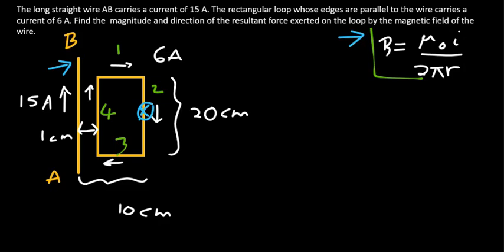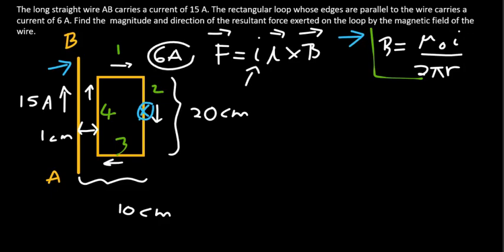So that means, according to this formula, IL cross B, where this I here is 6 ampere, this B here is the magnetic field created by that 15 ampere current, and L is 20 cm, the magnitude of that force, let's call it F2, is given by ILB, where B is given by that expression.